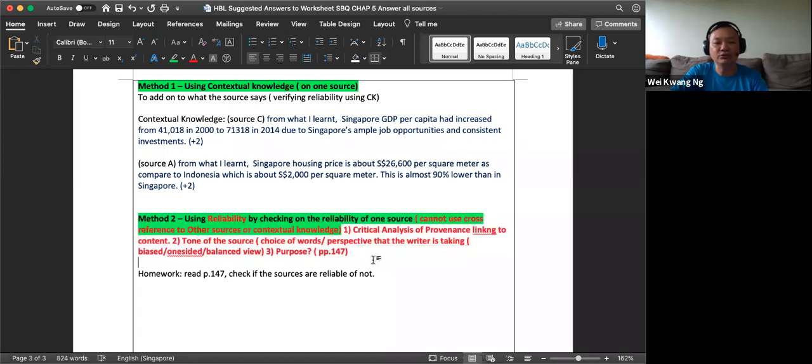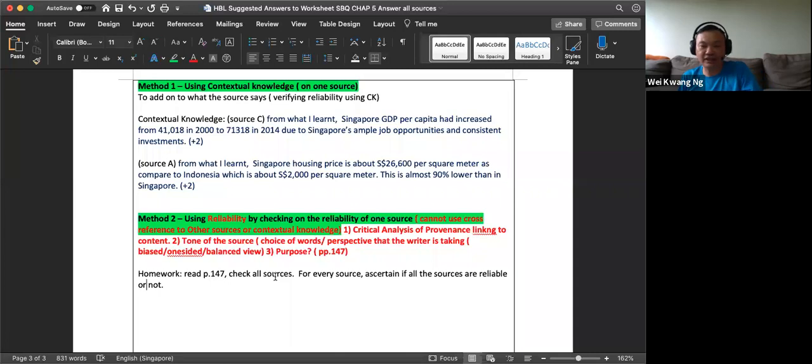I want you to check all the sources, and for every single source, I want you to ascertain whether the source is reliable or not.